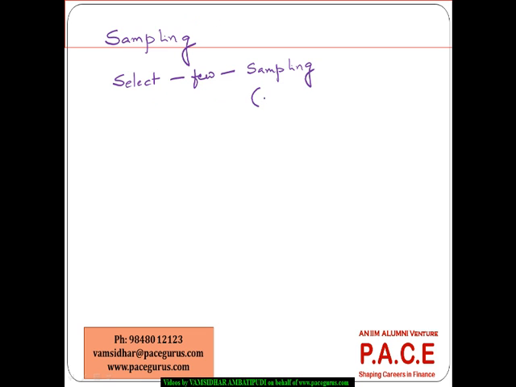The computation that we perform on the samples we call a statistic. So we use those statistics to estimate the parameter. A parameter is something that describes the behavior of the population.